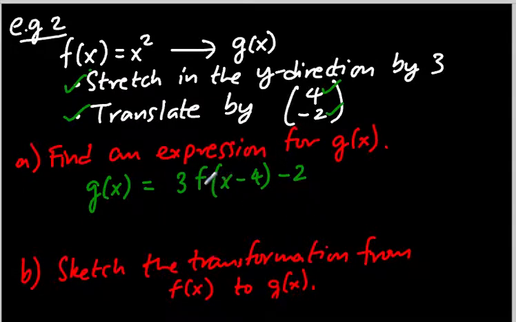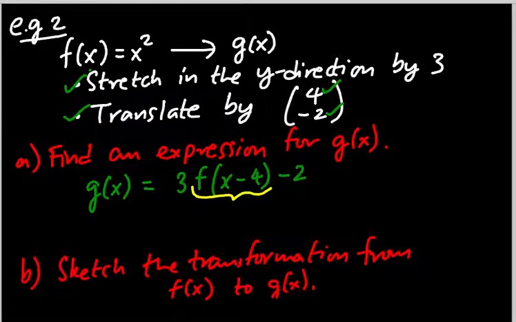So what do we do? Well, since we know that this part right here is 3 times f of x minus 4, and we have f of x is equal to x squared, whatever I replace x by, I'm going to have to replace the x on the other side of the equation by that as well. So since this is f of x minus 4, all I have to do is replace this x with x minus 4, which means I have to replace that x with x minus 4 as well.